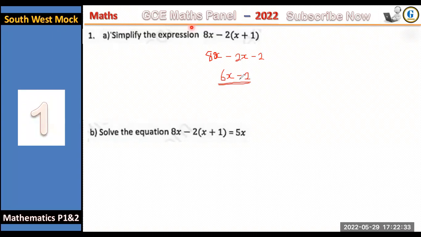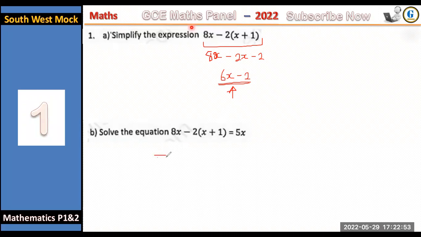Now B, solve the equation 8x minus 2 into x plus 1 equals 5x. So what they want now is to take this answer here, because this is the same expression, and equate it to 5x. But we already have the answer to be 6x minus 2.